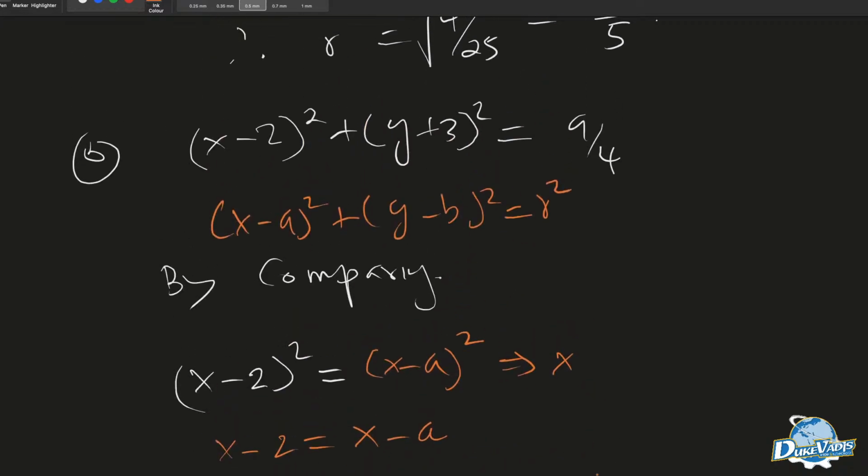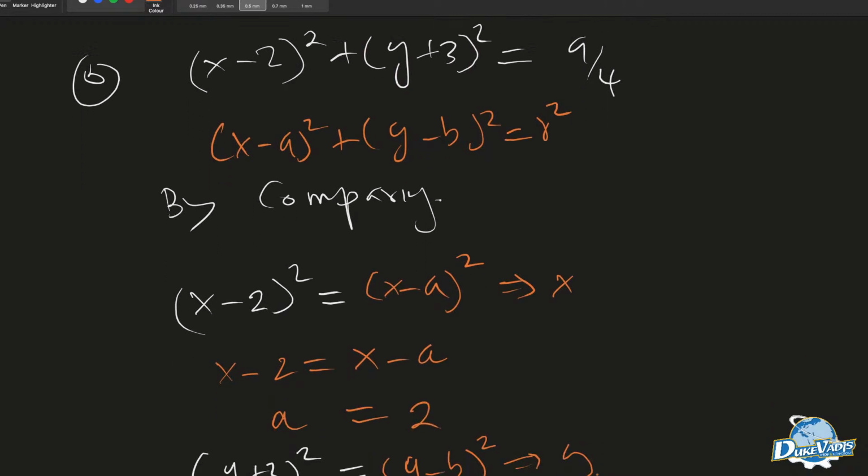Let's tackle the last bit. Let's go up and see.